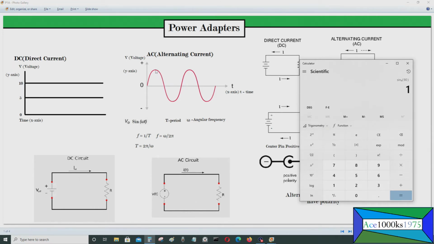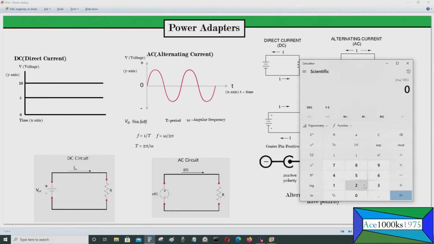So it goes here, positive 1. After that, it's 180 degrees, and that would be 0. It goes back to 0 again.